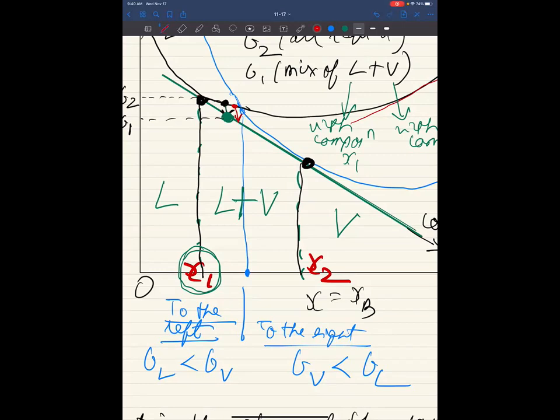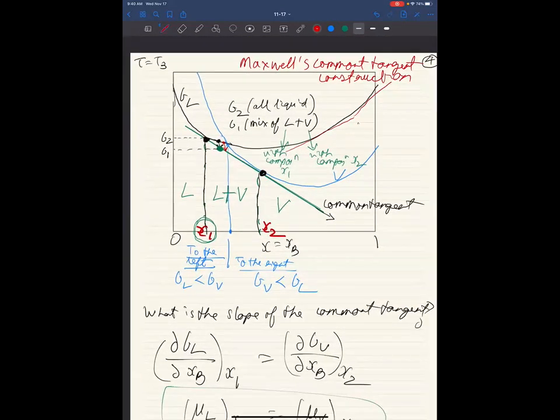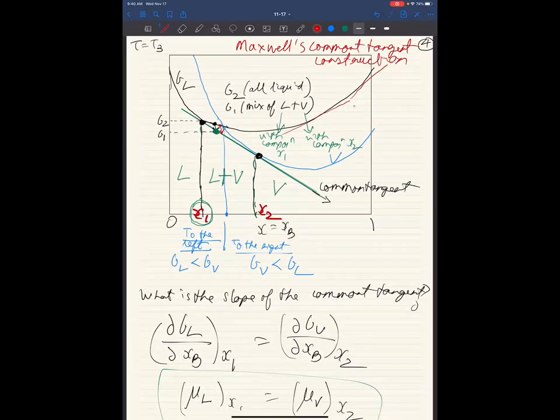Okay, I see some slightly blank faces in spite of the masks because this is a lot, but go and think about this. Read this in Atkins. Atkins talks about it. And if you Google for Maxwell's common tangent construction, you will find a lot of material. The key picture here is the two curves, the liquid and vapor, intersect. Anytime two curves intersect, you can construct a common tangent.